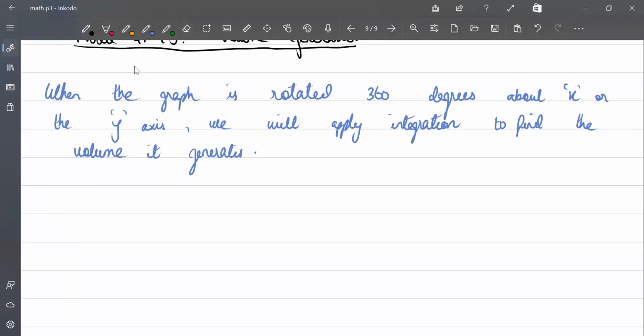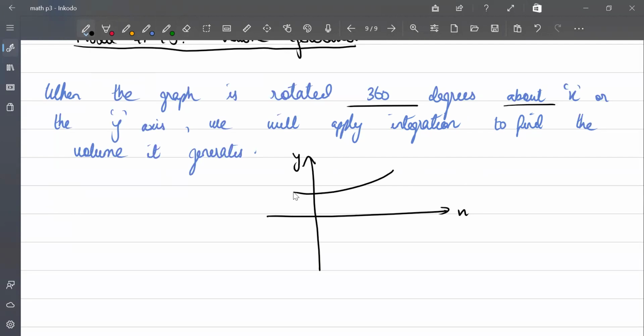What do we mean by 360 degrees about the x-axis? This is the volume we are talking about. Let me give you a visual. This is x and this is the graph. When this graph is rotated 360 degrees about the x-axis, this is the volume.